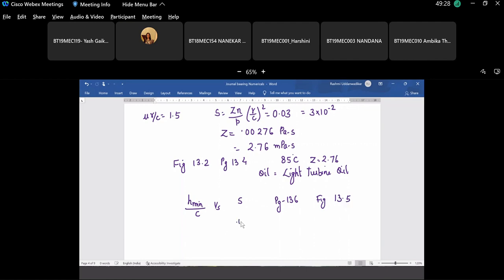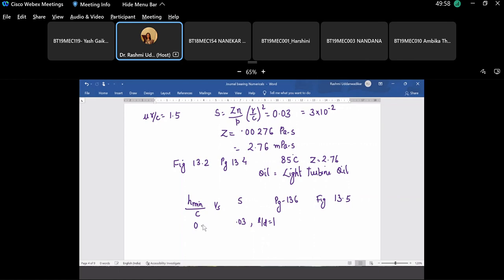S is 0.03, L by D is 1. What is H minimum by C? 0.15, 0.16.